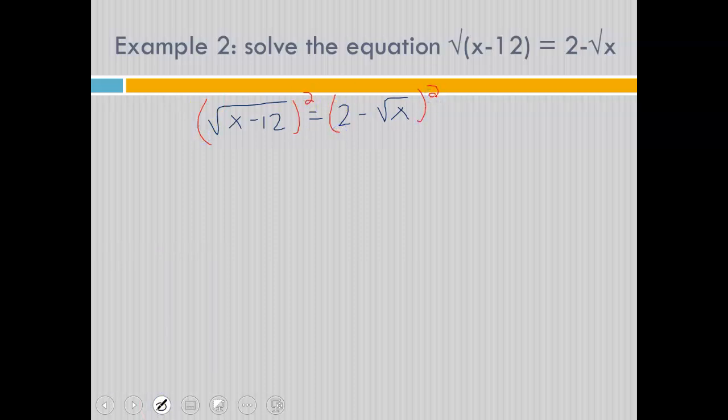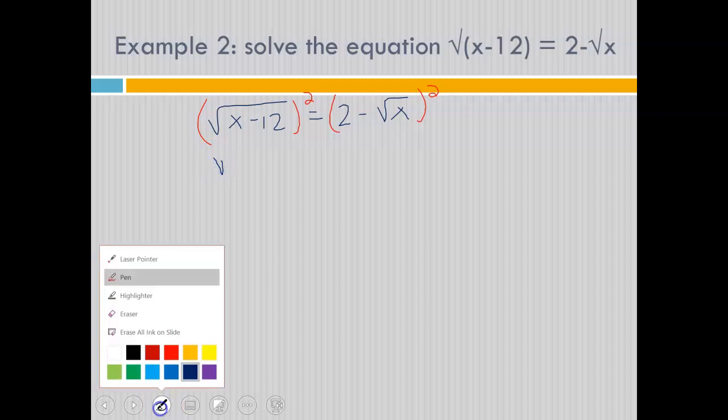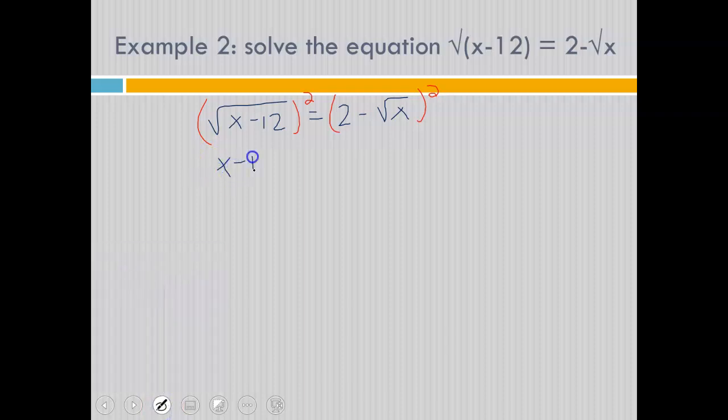So we're going to start by saying, okay, we isolated the square root of x minus 12. I'm going to square both sides to get rid of that radical. That leaves me x minus 12 on the left, and it forces me to FOIL on the right.